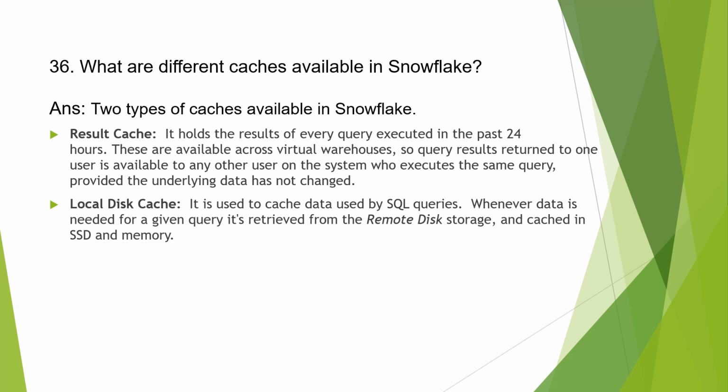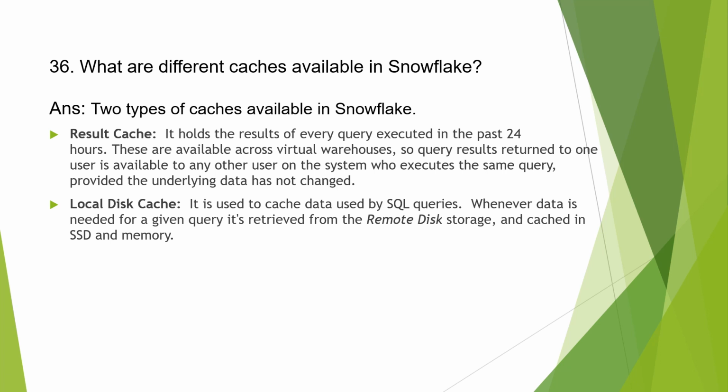Whenever you run the same query or fetch the same data within that session, instead of going to permanent storage, it will go to the local disk cache and display the data very fast.